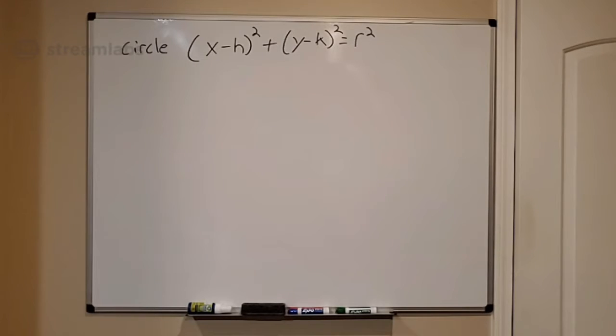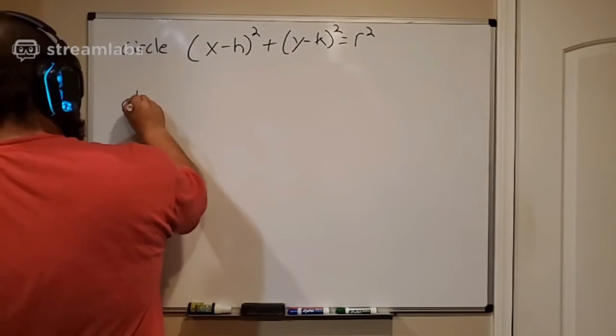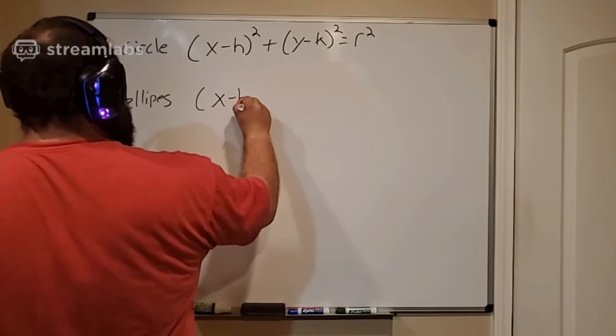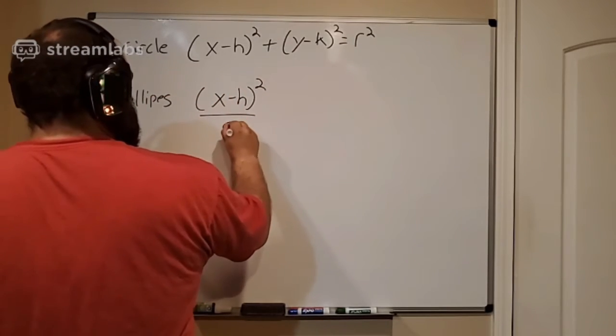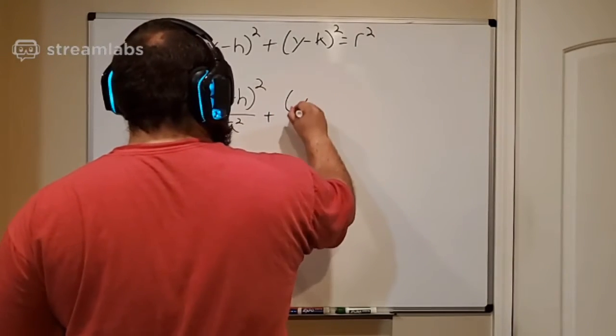All right. So for an ellipse, that one being a little bit more difficult, but it's very similar. Isn't it basically the same thing, but with divided by a squared and divided by b squared? Yes. There's one other major difference. Anybody know what that is? Isn't it minus? No. That's the hyperbola.